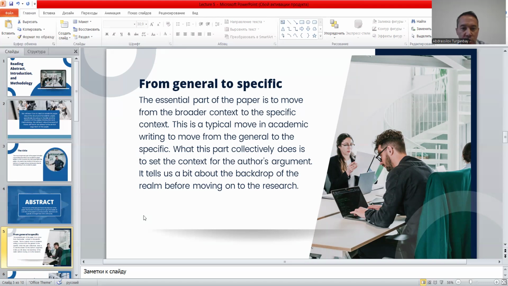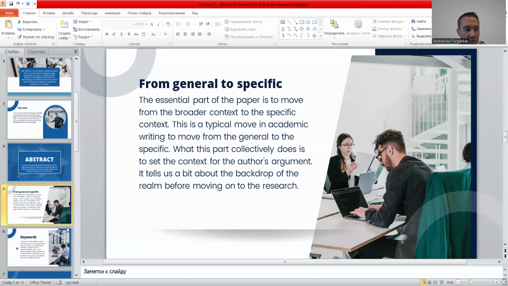What this part collectively does is set the context for the author's argument. It tells us a bit about the backdrop of the realm before moving on to the research. As we mentioned in our previous lectures, when we start an academic paper, we start from the general, and later on we move from the general to the specific.